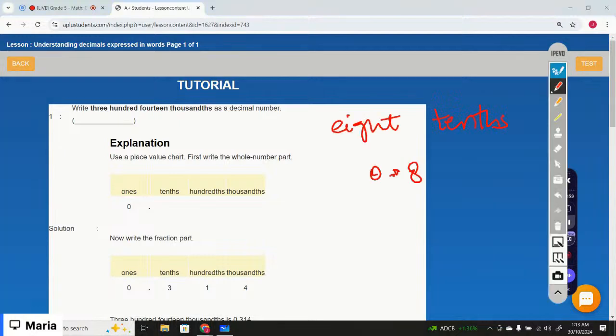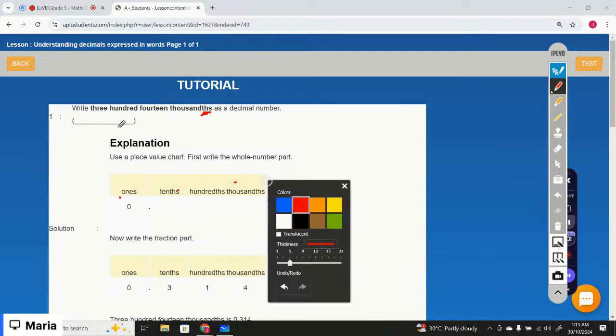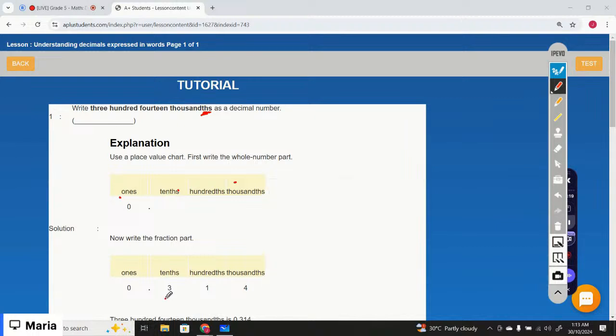So the basic thing you need to understand here is this word thousandths, this th, right? That means 314 over 1000. That is the decimal value. So just make a place value chart for the decimals, that is ones, tenths, hundredths, thousandths. So 314, that is 0.314. The correct option is 0.314.